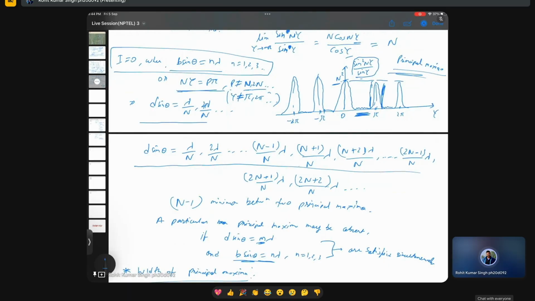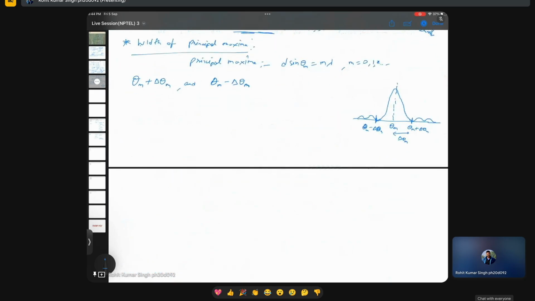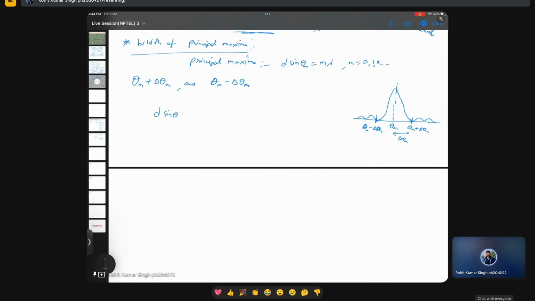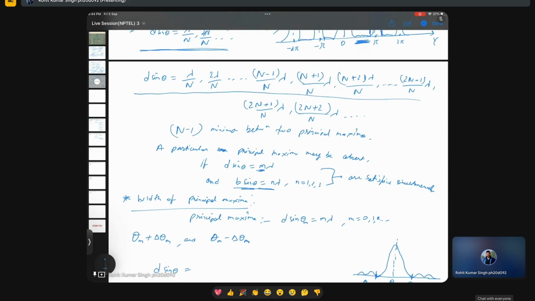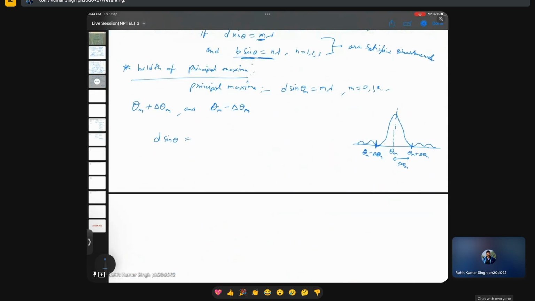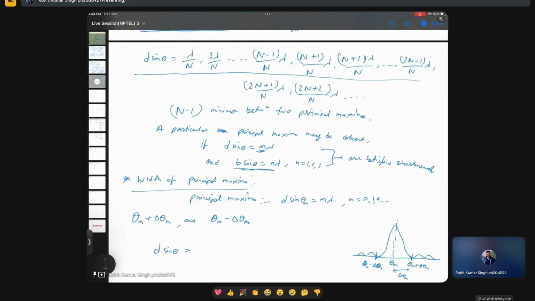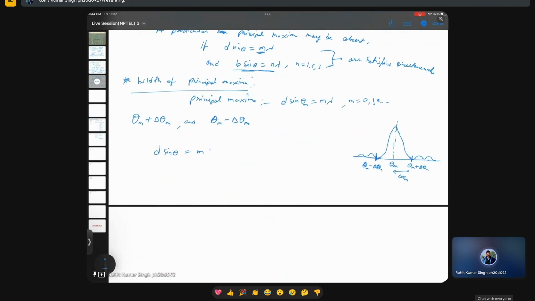Now, what condition do we have for the minima? d sine theta, d sine theta m, sorry, m is the maxima. In general, d sine theta m should be equal to what? In general, can we write it like this?